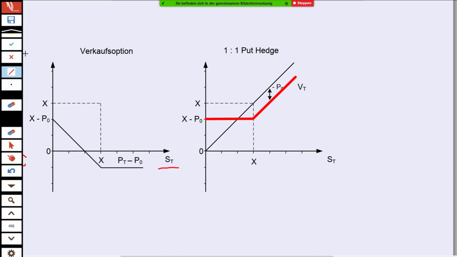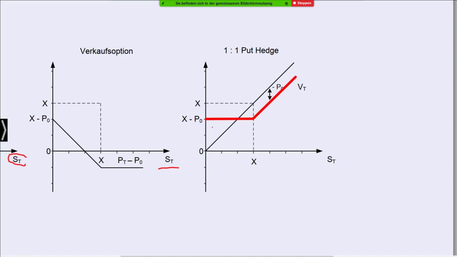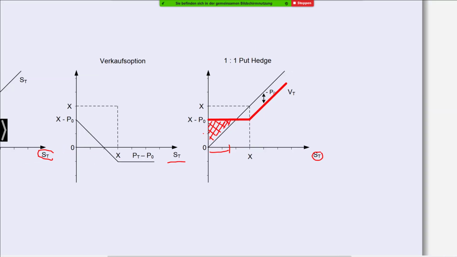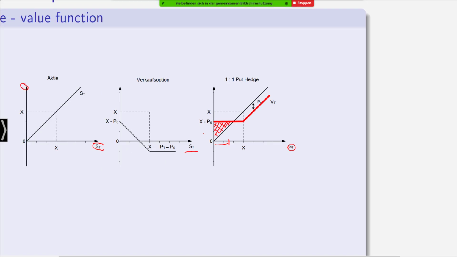So this is the advantage of the hedge, because for these extreme losses in the stock price, we will be compensated via the option contract. So this is the advantage of the hedging instrument. Okay, so that's the one-to-one put hedge.